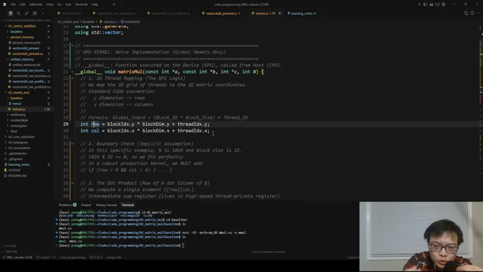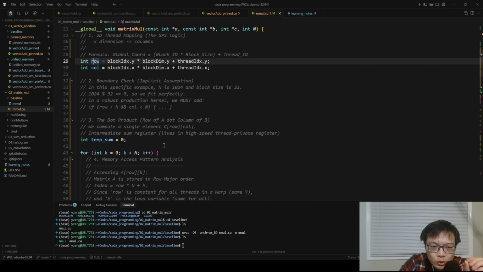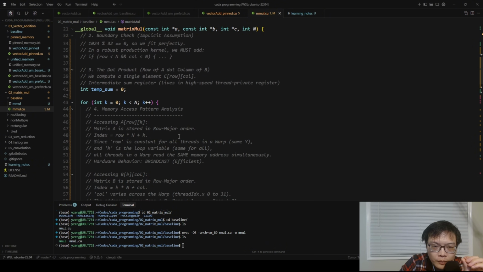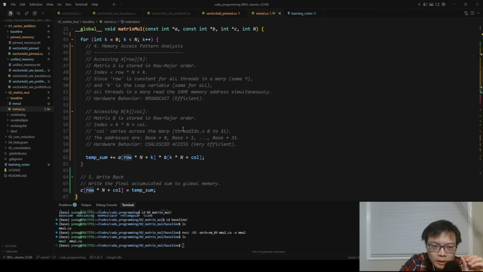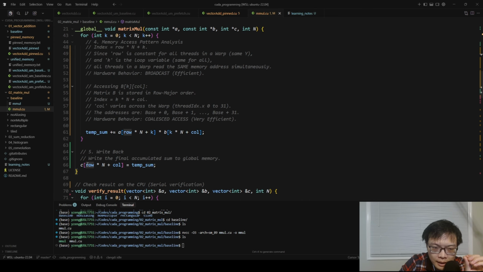To map our 2D coordinates, row and column, to this 1D memory, we use the standard formula: the index equals row ID times width plus column ID, where width is the width of the matrix.